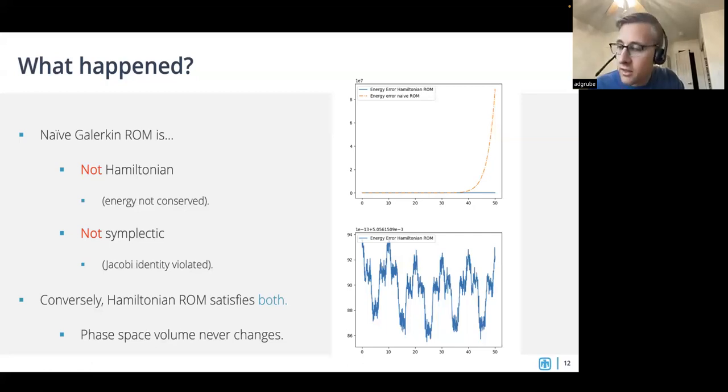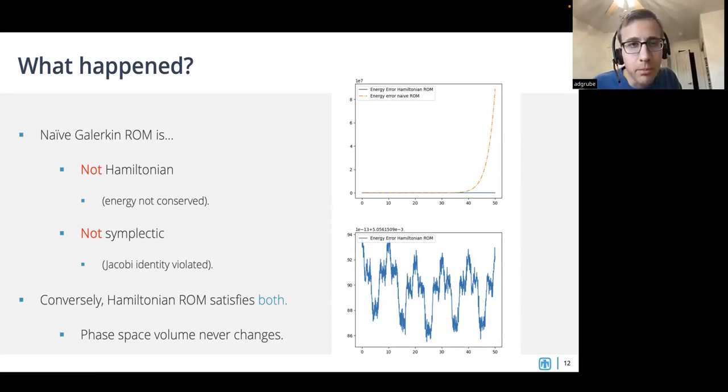Now, there are ways, which I'll briefly go over, and there have been since about 2016, 2017, of coming up with ways to fix this, what I'm going to call Hamiltonian ROMs, where you essentially guarantee these conditions. You guarantee that your energy is conserved along the evolution, and you guarantee that your Jacobi identity is always satisfied exactly, so that you don't end up with this instability behavior that we're seeing here.